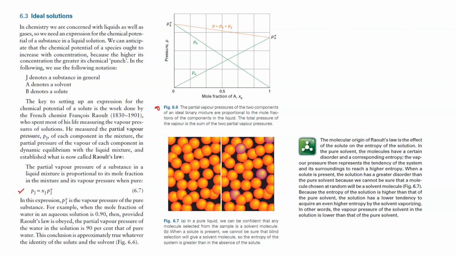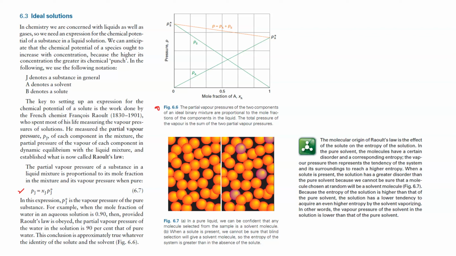When a solute is present, the solution has a greater disorder than the pure solvent because we cannot be sure that a molecule chosen at random will be a solvent molecule, which is what we see in figure 6.7. Because the entropy of the solution is higher than that of the pure solvent, the solution has a lower tendency to acquire an even higher entropy by the solvent vaporizing. In other words, the vapor pressure of the solvent in the solution is lower than that of the pure solvent. Let me restate that.